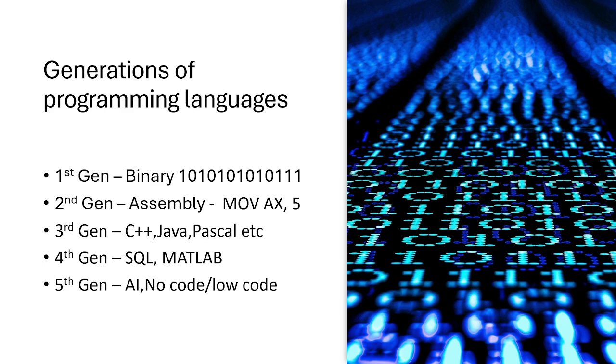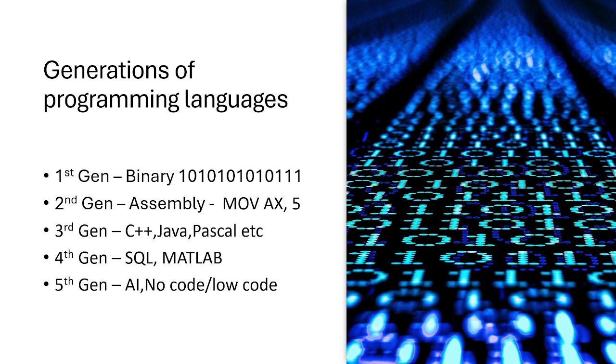So there became a second generation of programming languages called assembly. The example of the code that we have for assembly is MOV, as in move, AX, 5. So for those of us who remember our hardware, we would identify that within the CPU, we have storage called registers.